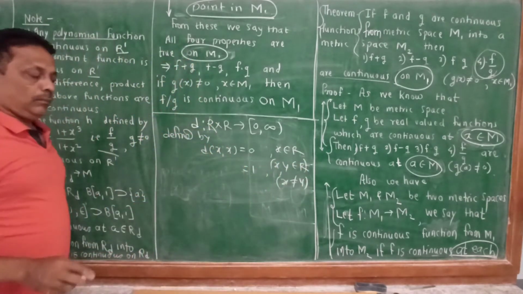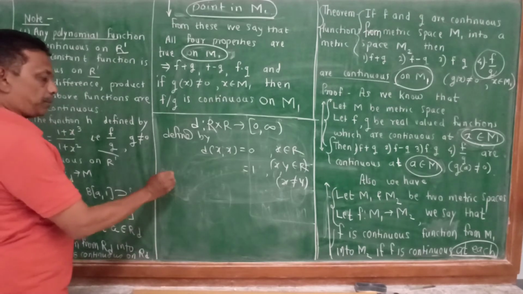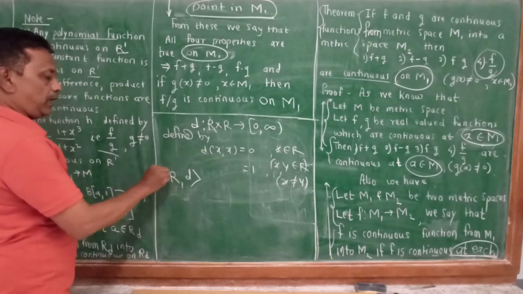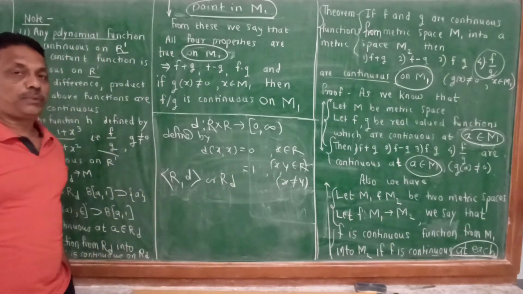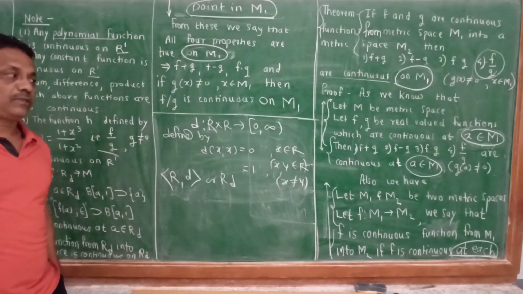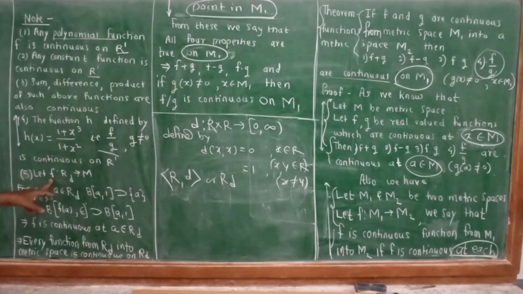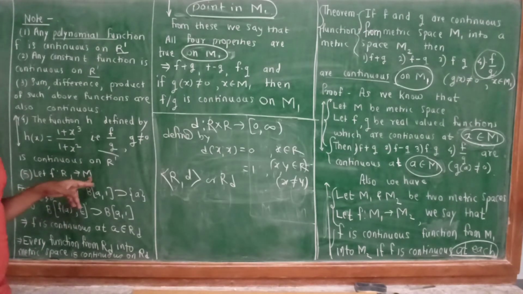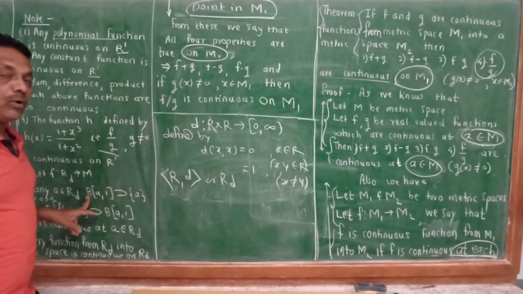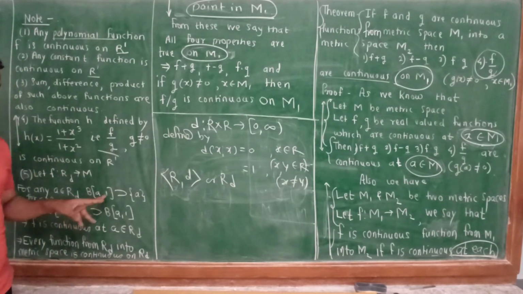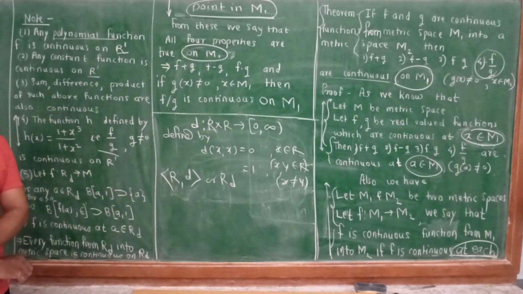Then this type of metric space, you may say RD, is a metric space, but a discrete metric space. Let f be a function from RD to M, that is, from a discrete metric space into a metric space. For any a belongs to RD, the open ball of radius 1 about a contains the single element a.